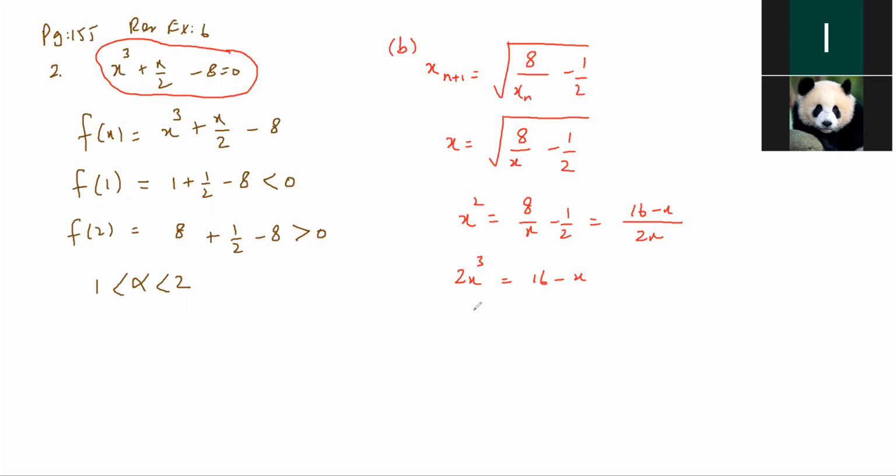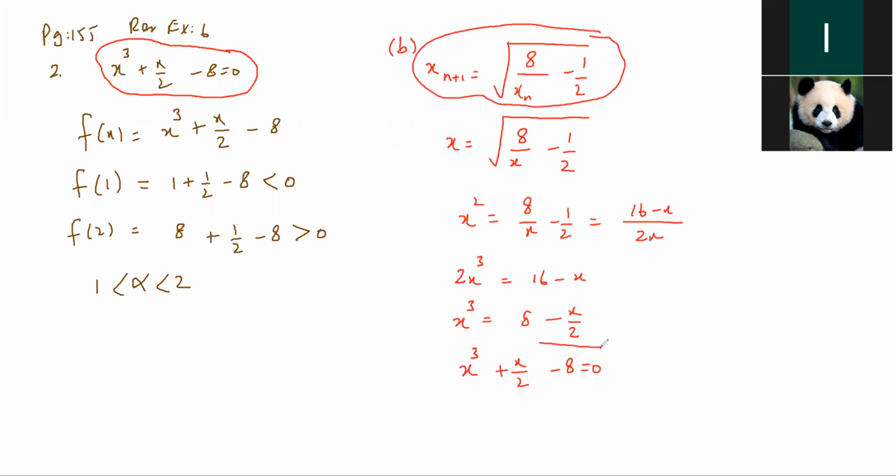And then you divide both the sides by 2. This is x cubed equals 8 minus x over 2. And then we bring all of them to the left-hand side. So this is x cubed plus x over 2 minus 8. You see, we get the same equation. So we have shown that this iterative formula is going to give the root of this equation.